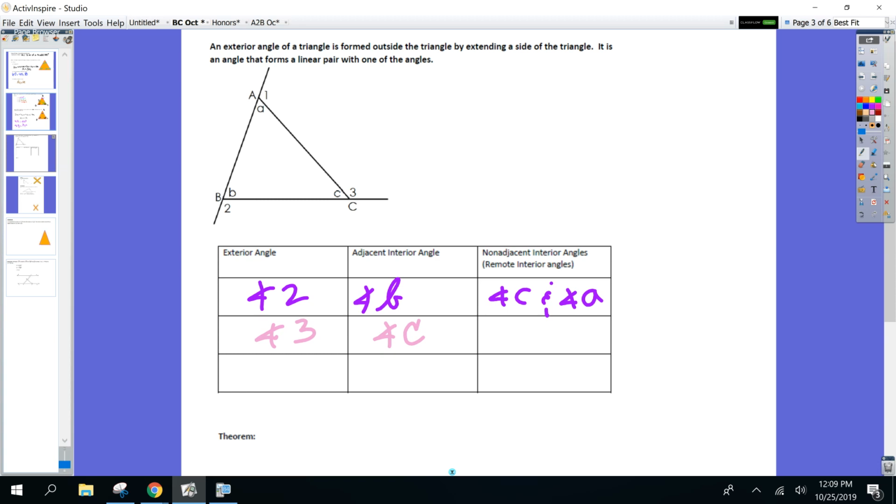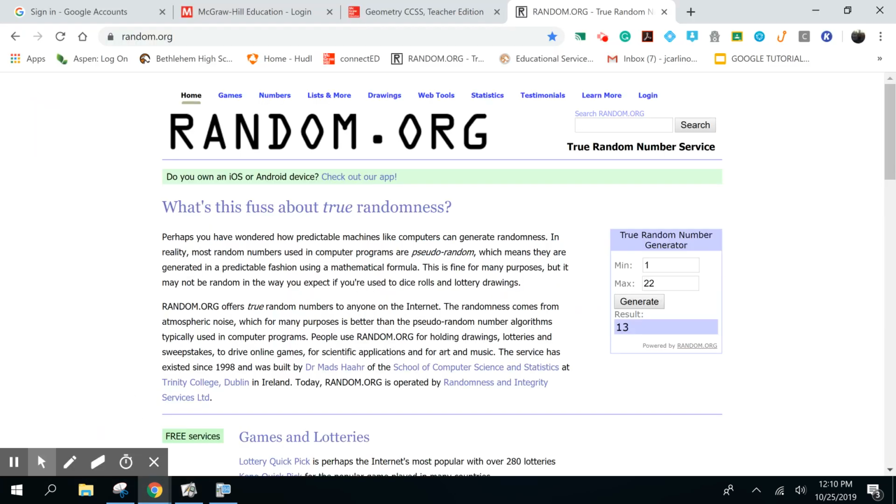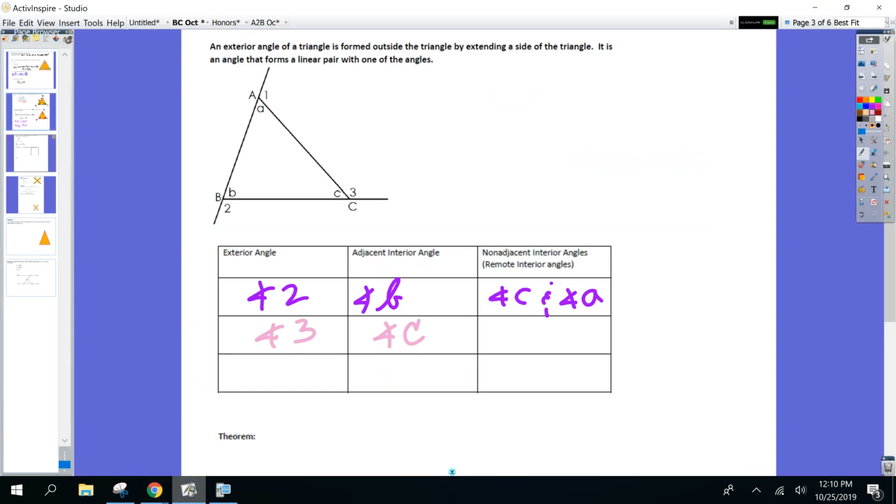What would be my remote interior angles then? Angle B and A, lowercase. All right, I'm not going to ask anybody the next one, just process of elimination, right? Angle 1, angle A, and angle B and C.